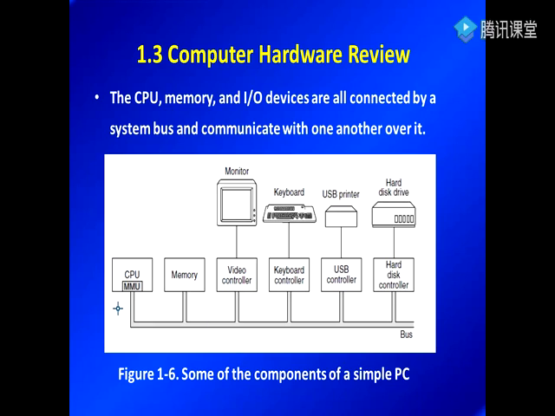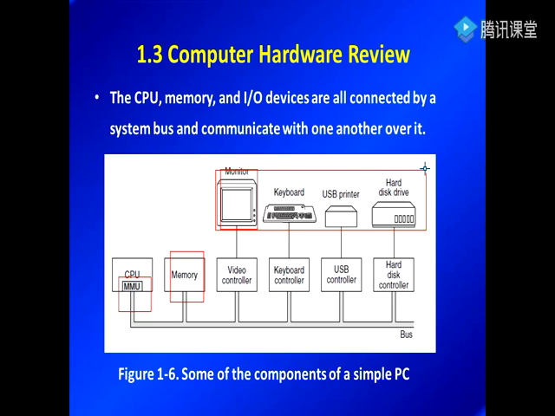As you can see in this figure, we list some basic necessary components of a simple personal computer, such as the CPU, responsible for the processing of the data by running some code, and a memory to store the data and the code. Then the CPU can get this data and code and process this data by running that code. We also have the monitor, which means the screen. All of these other parts are input or output devices.